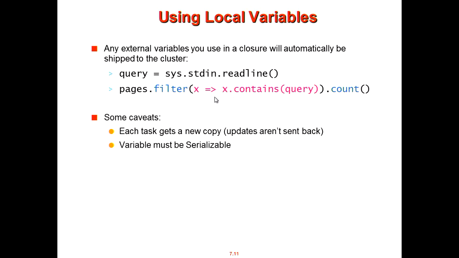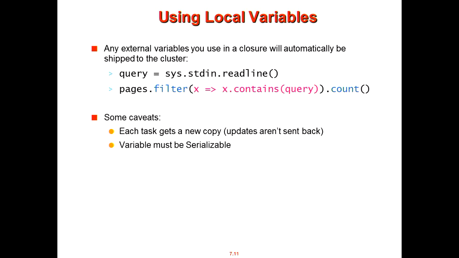Remember that this is actually executed in workers, right? So how to do this? Spark will push this closure to the workers. It is called a closure because we have the function, and the function has an external variable, which is query. This query is taken from the standard input.